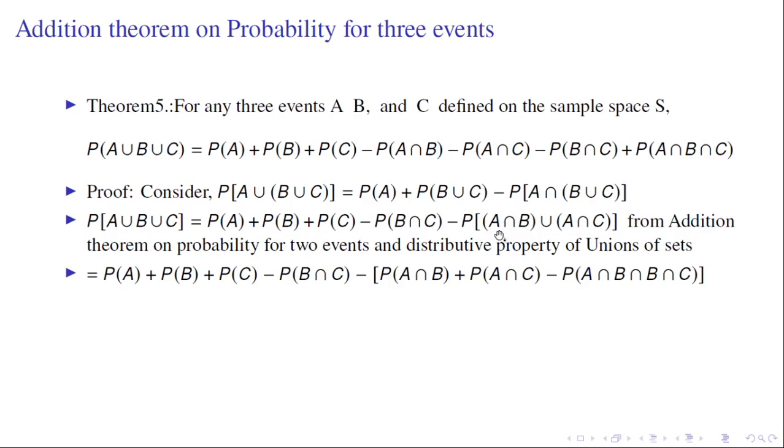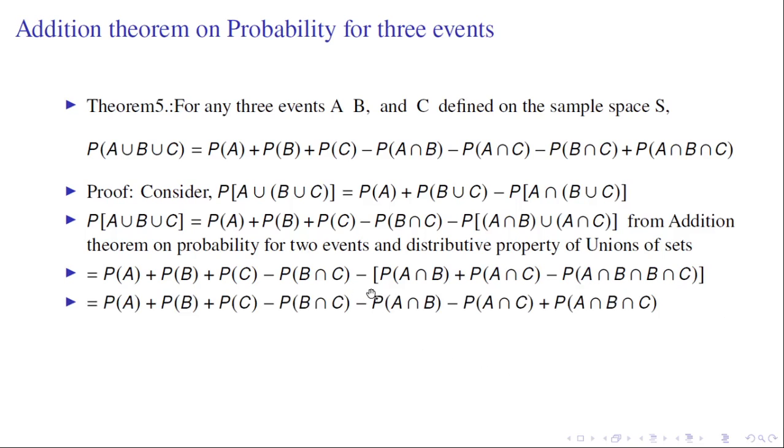Here again, this is a union of two terms. Apply the addition theorem on two events for this expression. This is A, this is B. We know that it is probability of A plus probability of B minus probability of A intersection B. So take the minus inside the bracket: minus probability of A intersection B minus probability of A intersection C, minus into minus gives plus.